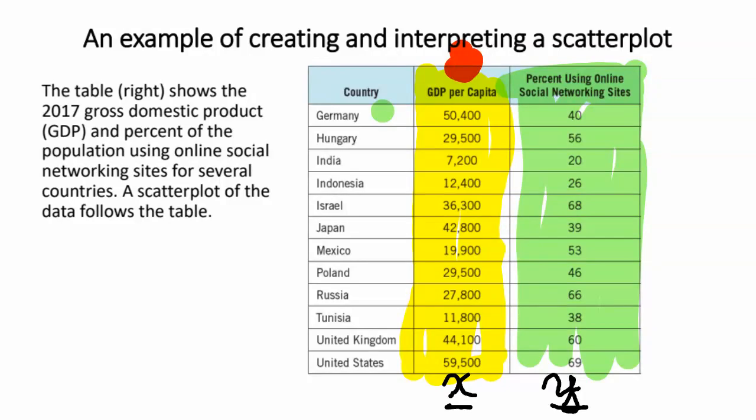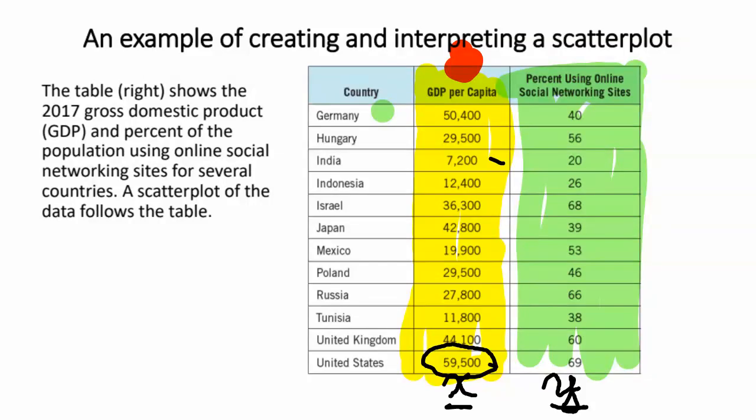Well, I believe that the lowest one I have is right here, 7,200. Well, what's the highest one? Well, it's way down here. Okay, I am needing to decide how to make my increments.